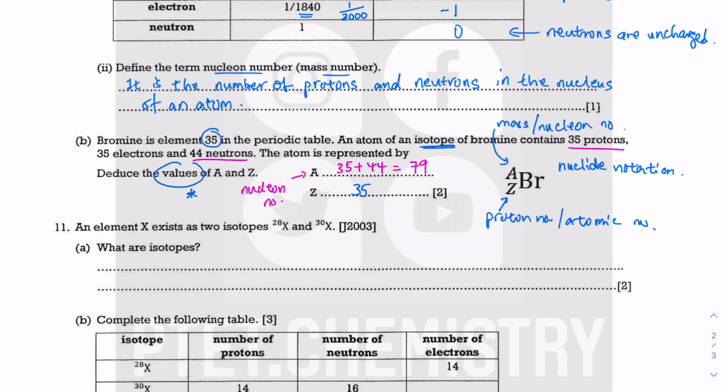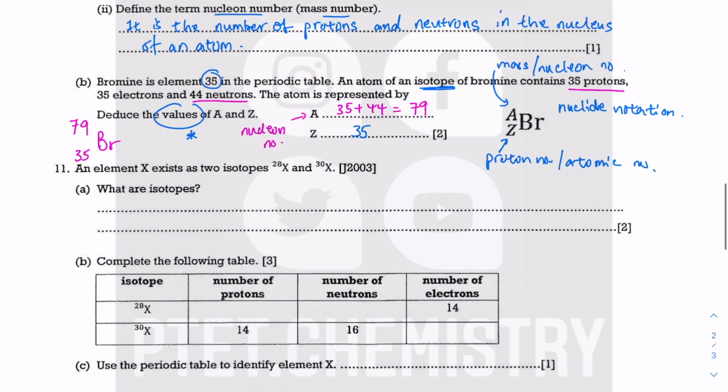So the way you will write it will be 79, and 35, and then Br. 35 protons in the nucleus together with 44 neutrons will give you 79 nucleons, because the nucleon number tells you the number of protons and neutrons in the nucleus of an atom.